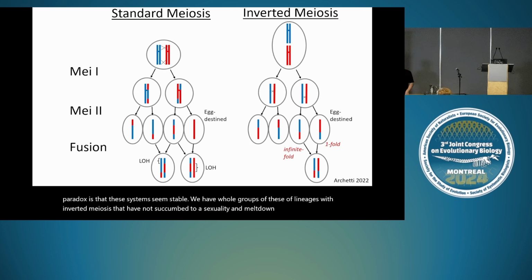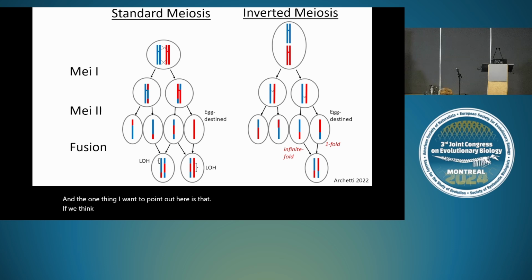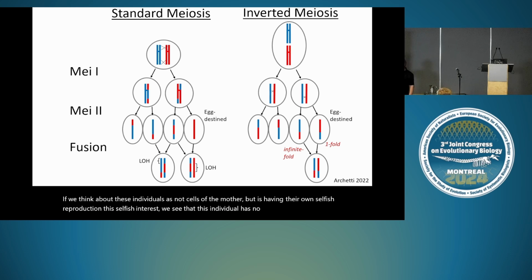And the one thing I want to point out here is that if we think about these individuals as not cells of the mother, but as having their own selfish reproduction, this selfish interest, we see that this individual has no twofold cost. Because this individual shares no alleles with its potential fusion partner, it gets no benefit in terms of transmission from fusing here.